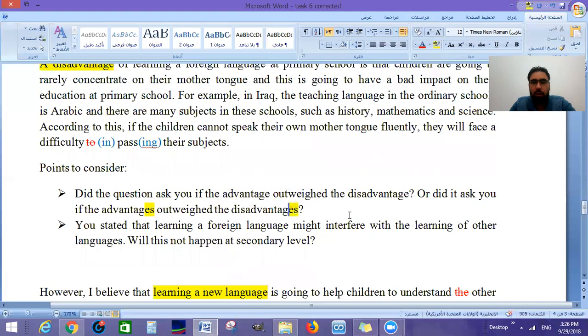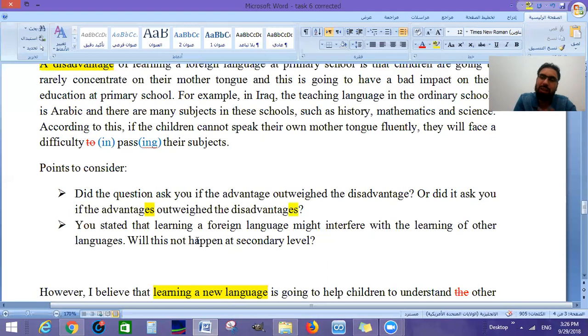You state that learning a foreign language might interfere with the learning of other languages. Will this not happen at secondary school? So this is the problem: is this disadvantage specifically for studying at primary school, or is it a more general problem?